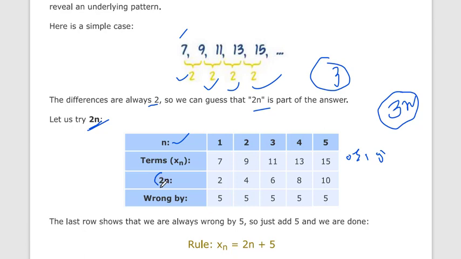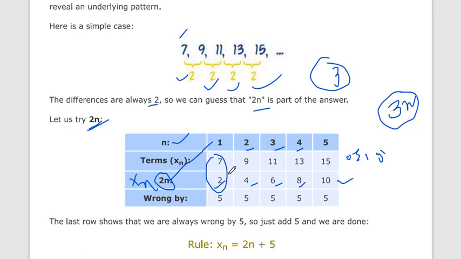Okay, and our 2n: for n equal to 1 it becomes 2, for 2 it is 4, for 3 it is 6, for 4 it is 8. Now what is the gap from the original series? By applying xn is equal to 2n we get this sequence.